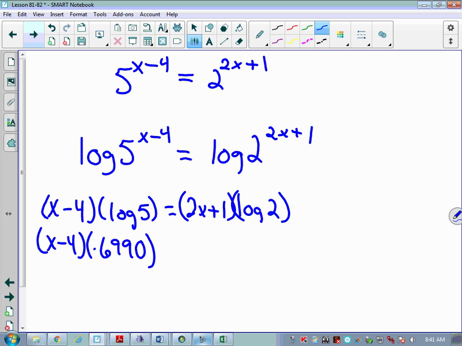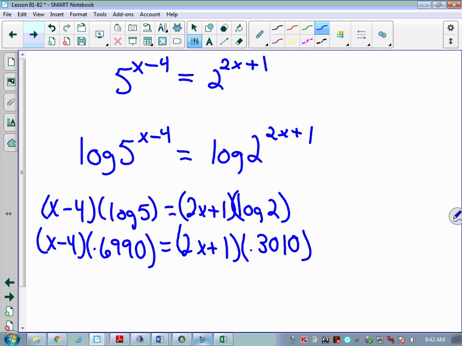It would round up to 0.6990. And then equals 2x plus 1 times log 2. What's log 2? 0.3010. Take everything to 4 decimal places. At this point, all we're doing is distributing.